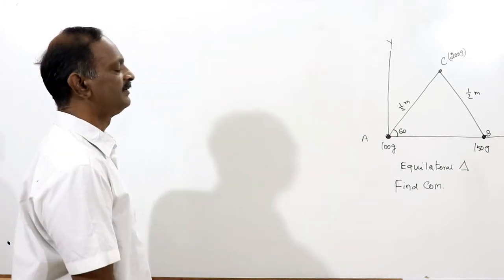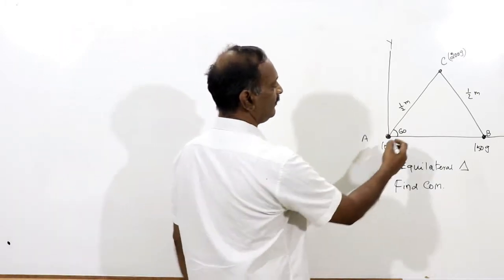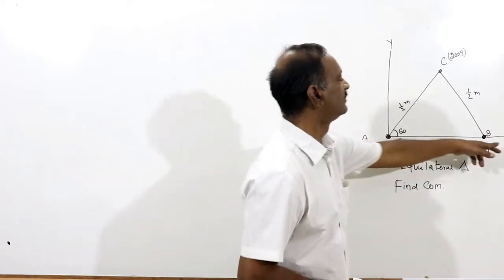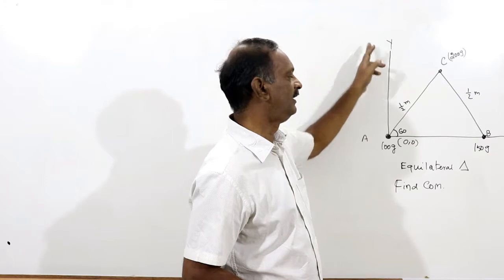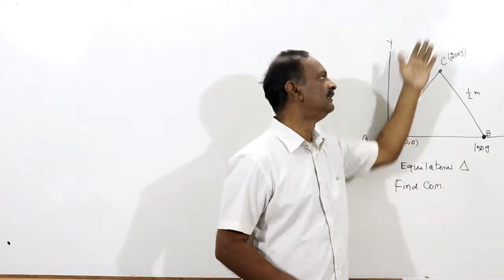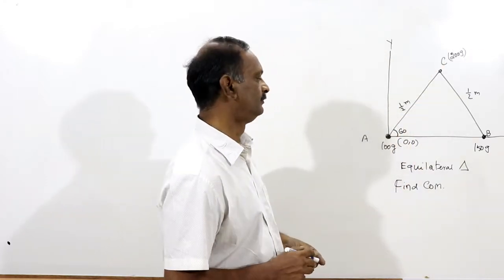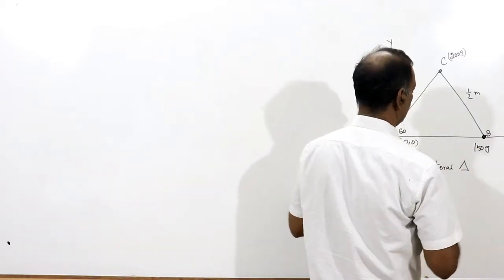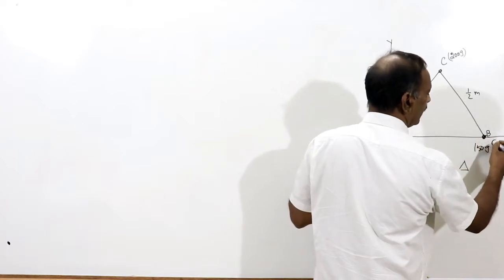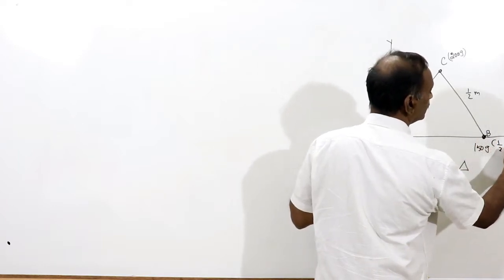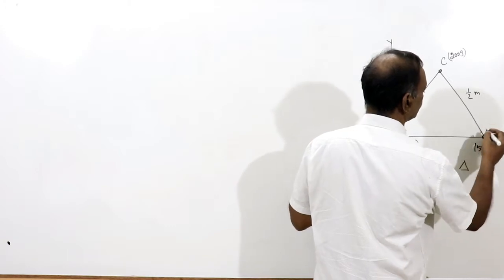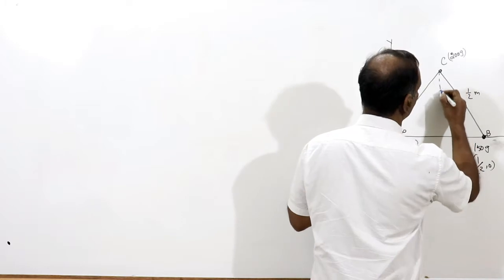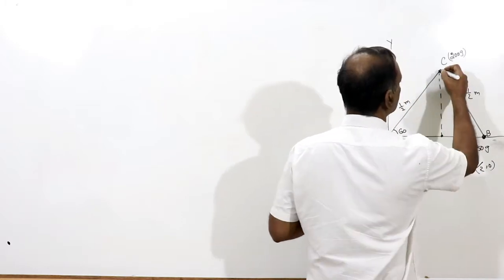So let us find out the coordinates. This will be the origin, 0, 0, because it has x and y coordinates, meaning it is in a plane. So this will be 0, 0, and this will be half, comma 0.